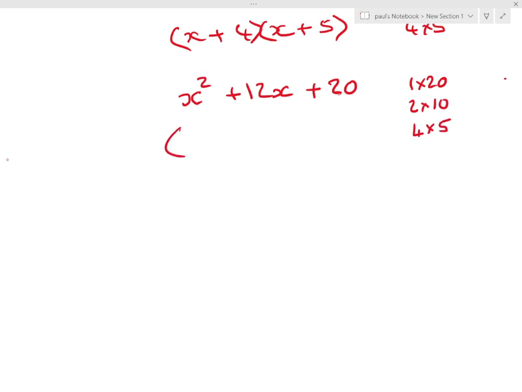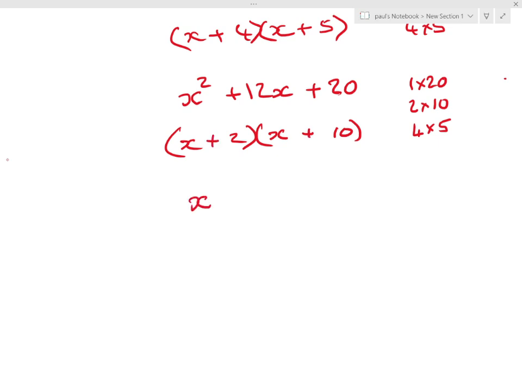Now this time we need factors that multiply together to make 20, but add together to make 12. So factors of 20 that add to 12, which is 2 and 10. And it's plus 12, so we do that.